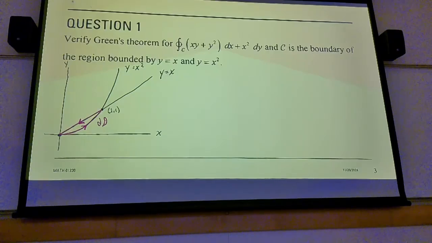So we have to do two things. We have to evaluate the line integral for the circulation, and we have to evaluate the double integral, and then show that they're equal. What's our vector field?